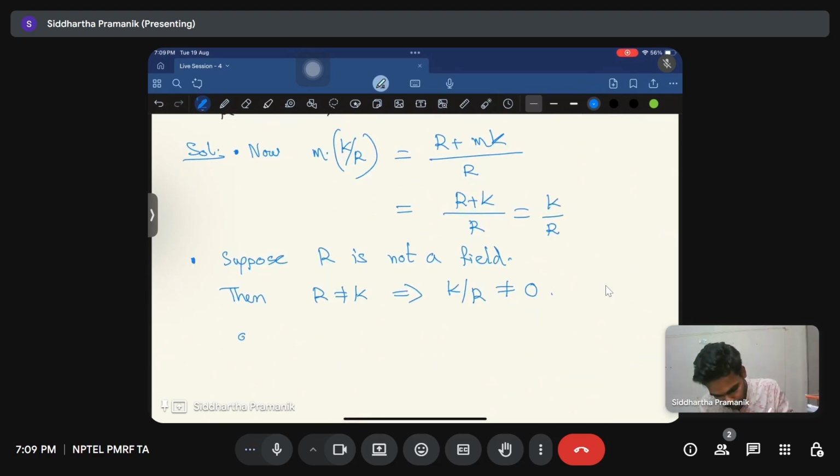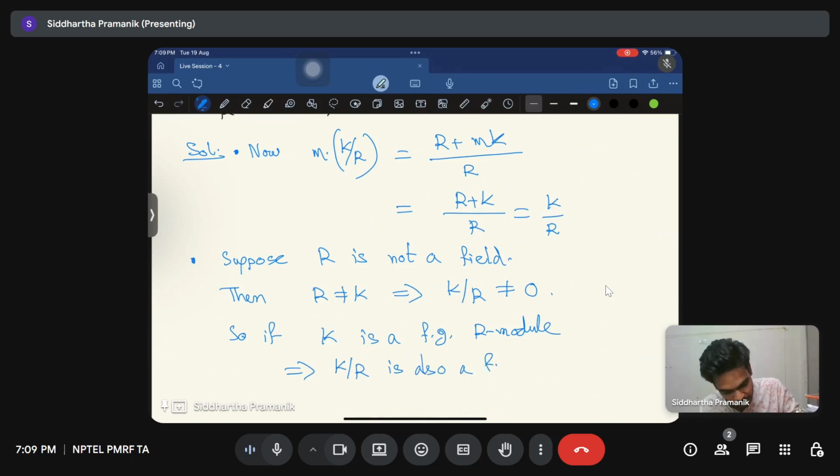So if K is a finitely generated R module, that will imply its homomorphic image or quotient K mod R is also a finitely generated R module, because we can take the image of that finite generating set.